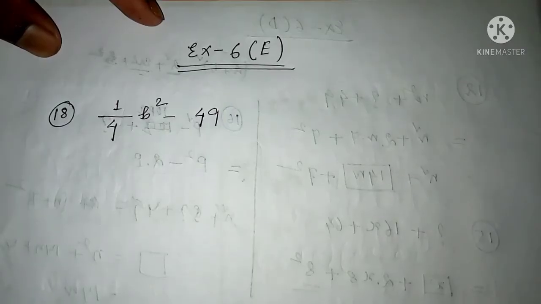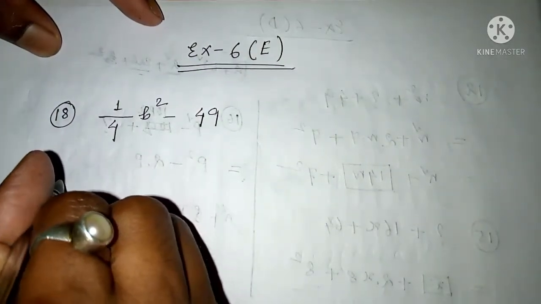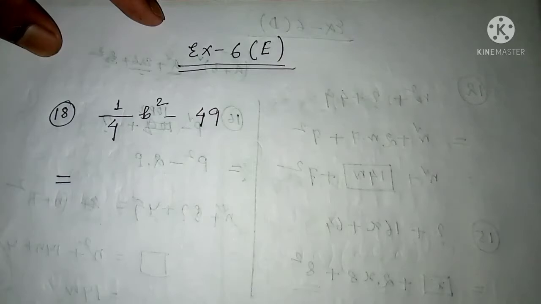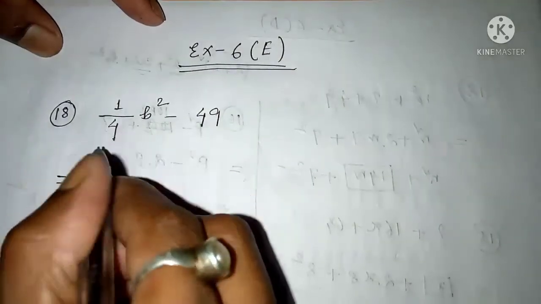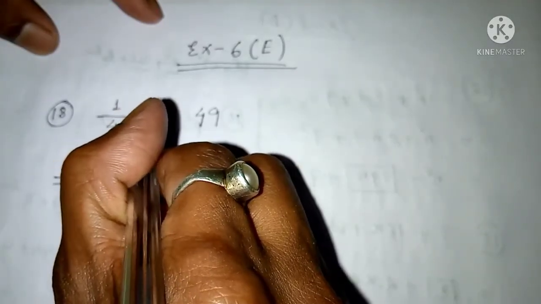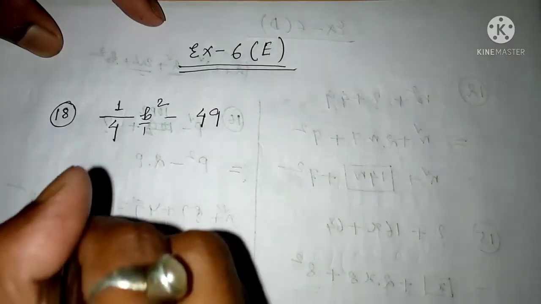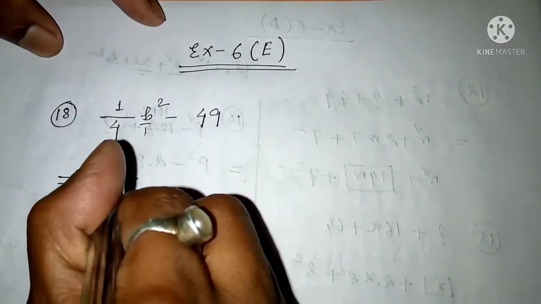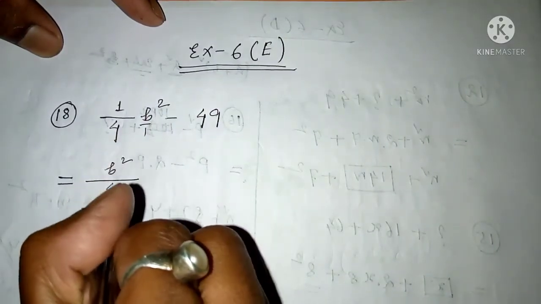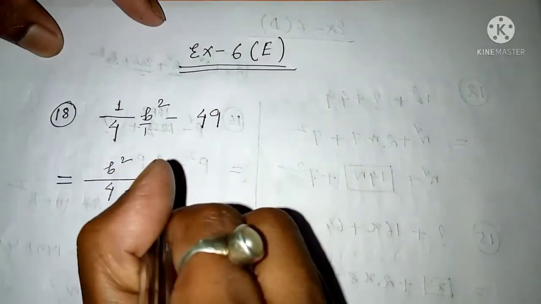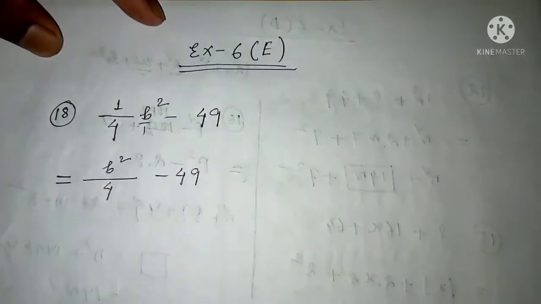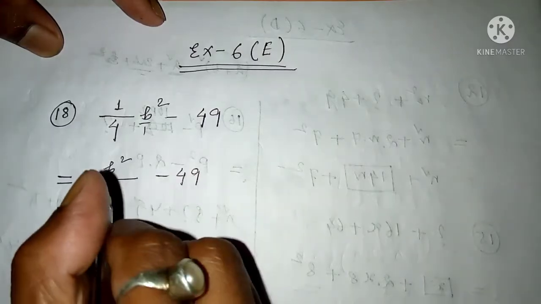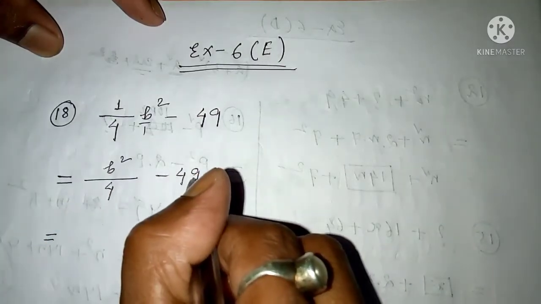Now this is our 18th question, 1 by 4 b square minus 49. Now see how to solve this one. This 1 by 4, actually in the downside of b we always have 1, which means can I write b square by 4? Then this 49 is as it is. Now I need to square this one as well.